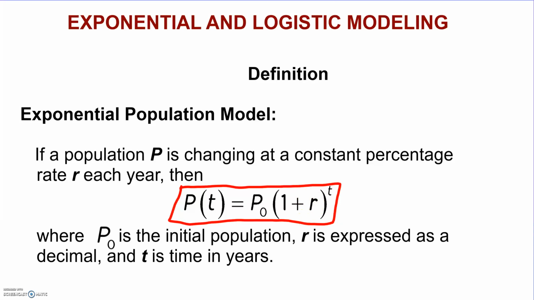Maybe it's decreasing at 10% per year, so R would be negative 0.1 if that's the case. This P sub 0 here, that's the initial population. And R is expressed as a decimal, and then T is time in years.